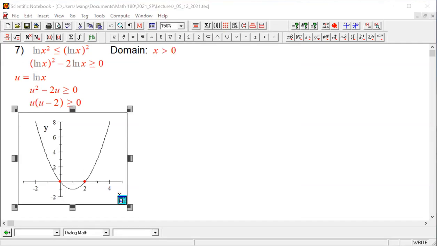Okay, so which part of the curve will be the solution? We want it to be positive or 0. So here, here, out. Right?